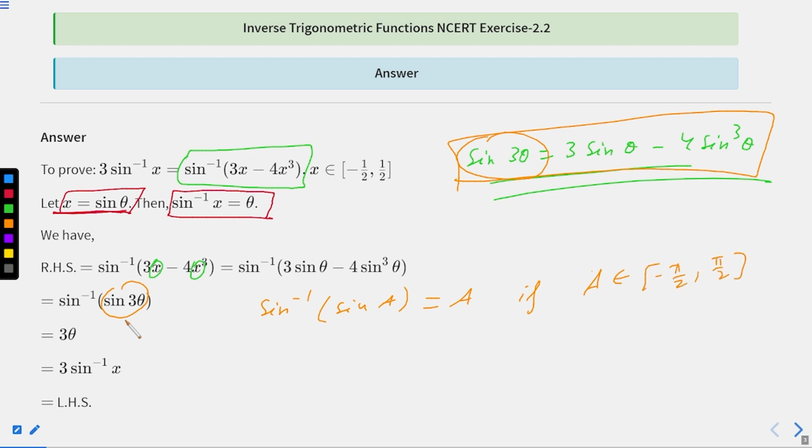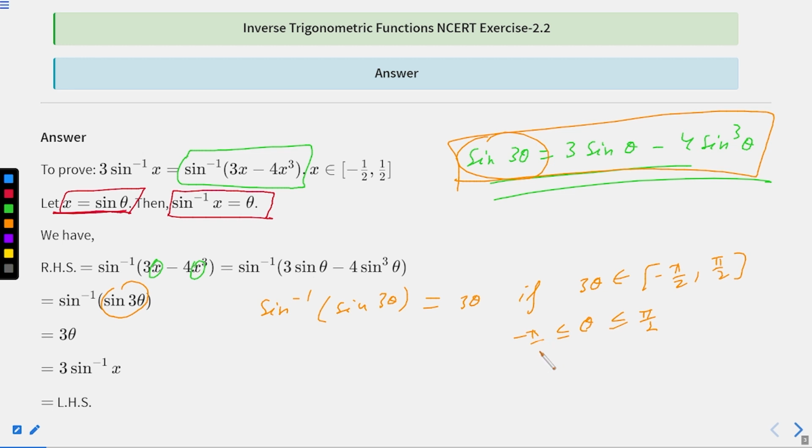So in here, this 3 theta must belong to minus pi by 2 to pi by 2. As 3 theta is less than or equal to pi by 2 but greater than or equal to minus pi by 2, just divide by 3 on every side.